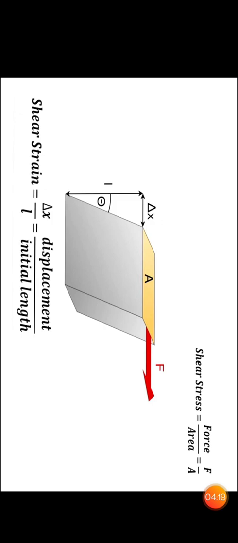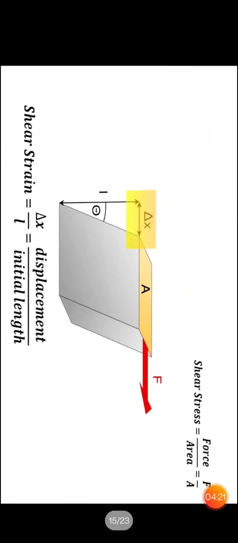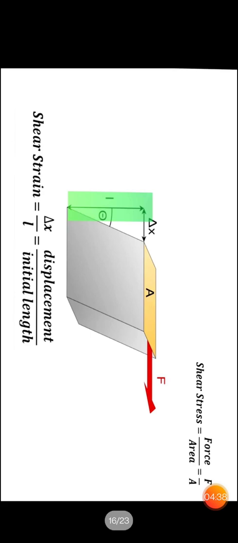Here delta x is the transverse displacement caused by the force F, and small l is the initial length. So the shear strain is equal to delta x upon small l, that is, displacement upon initial length.